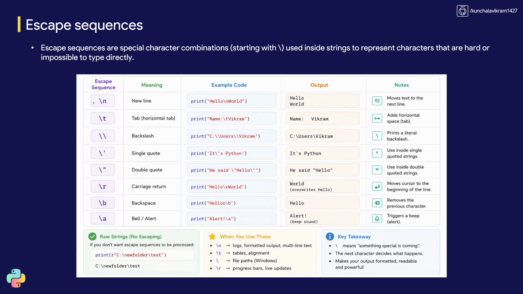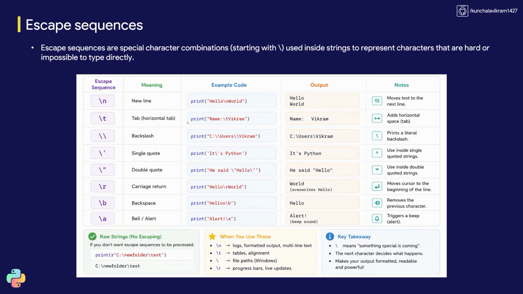But using \n, basically \n indicates a newline escape sequence. n is a character, so the backslash is used to escape that particular n, so \n becomes a newline. So if I simply write print hello \n world, this will print hello followed by a new line, and in the new line world will be printed. And then \t indicates a horizontal tab.